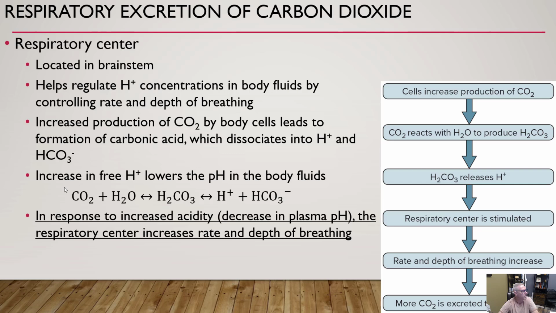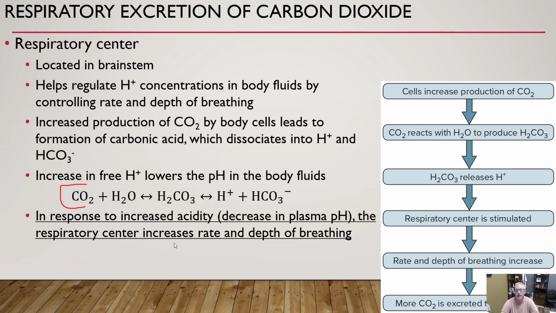We have this equation here that we learned in the respiratory system. So in response to increased acidity, or in response to a decrease in plasma pH, the respiratory center can increase the rate and depth of breathing. So if we have an increased acidity, that means we have a low pH.